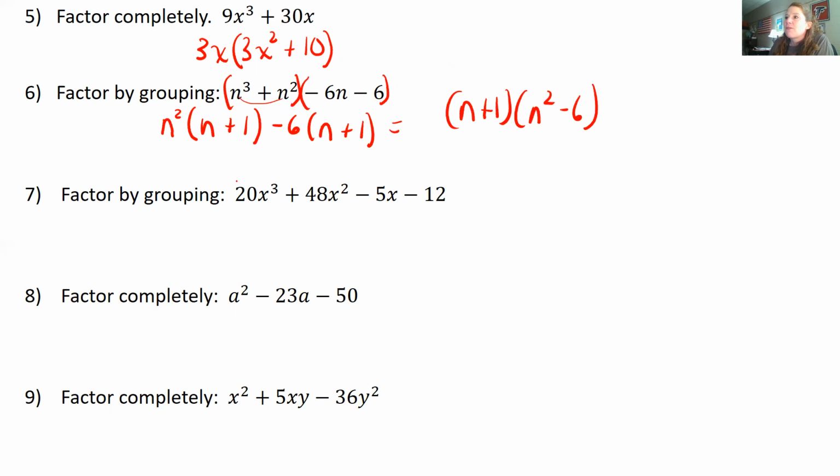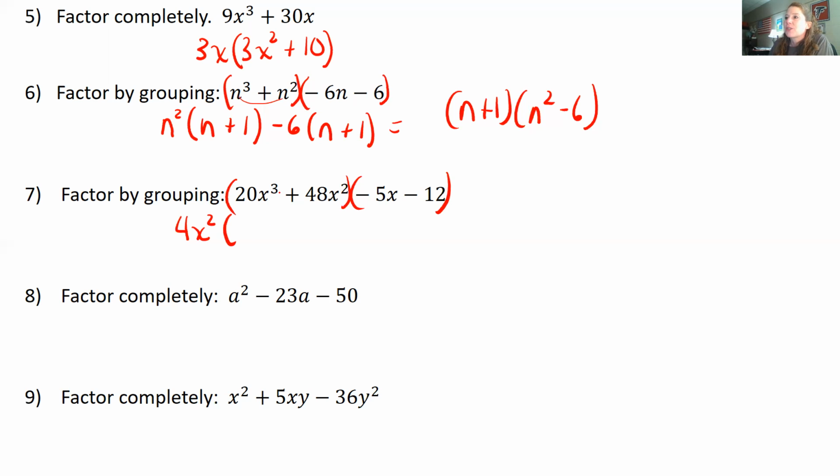And the other factor is n squared minus 6. All right, another factor by grouping. So let's see, what's my greatest common factor? I know I can divide them both by 2, both by 4. So 4x squared, right?